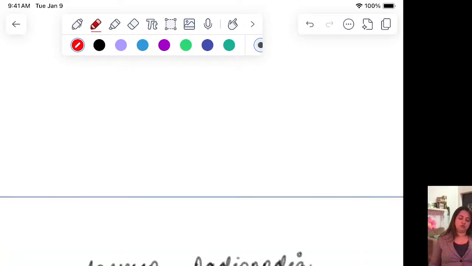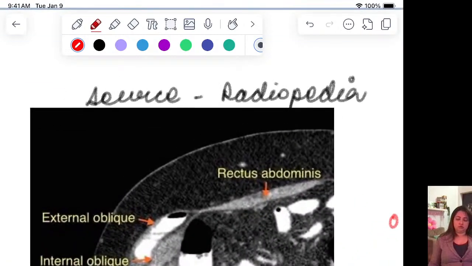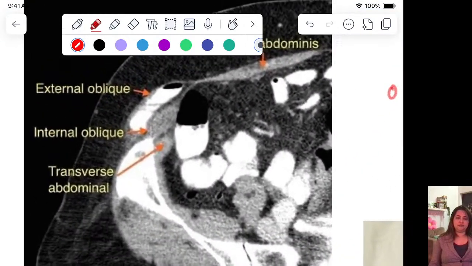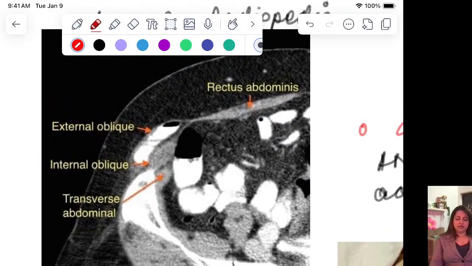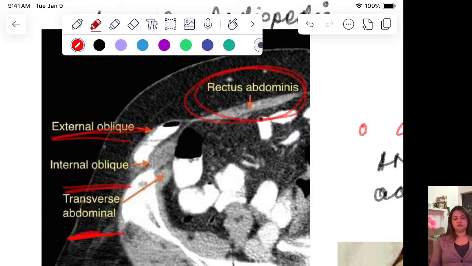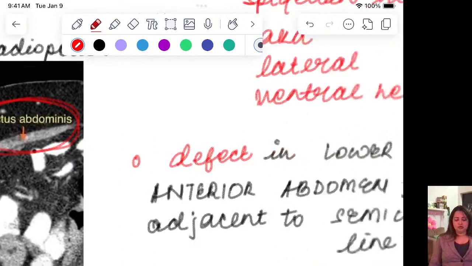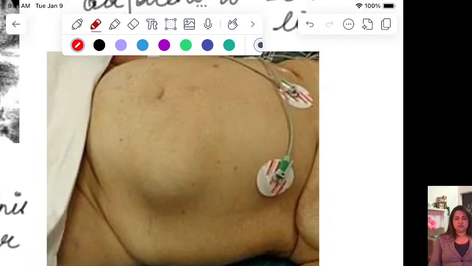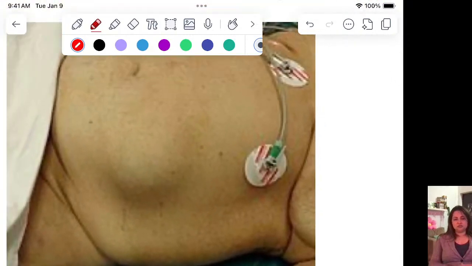What you need to know first of all is the normal anatomy here. This is the rectus abdominis muscle. Then we have external oblique, internal oblique, and transverse abdominis. Now, whenever such a patient comes to you, look at the presentation.